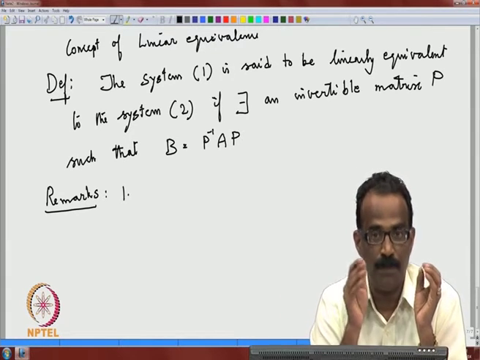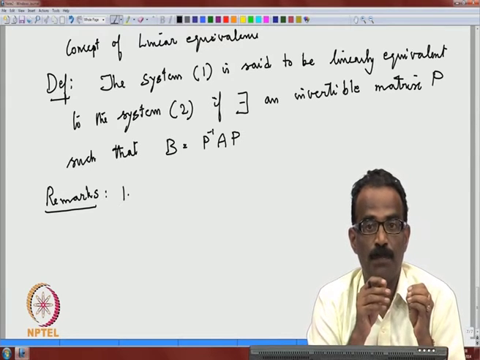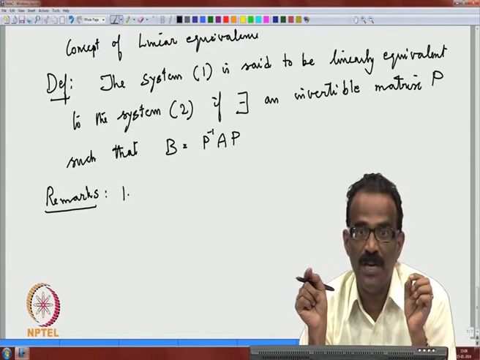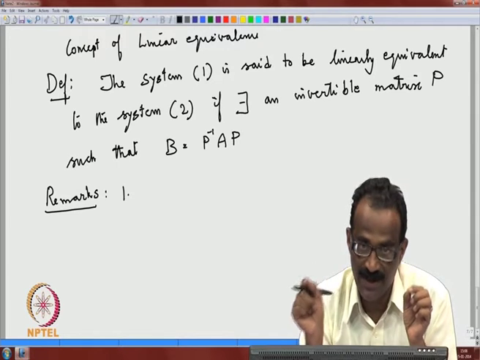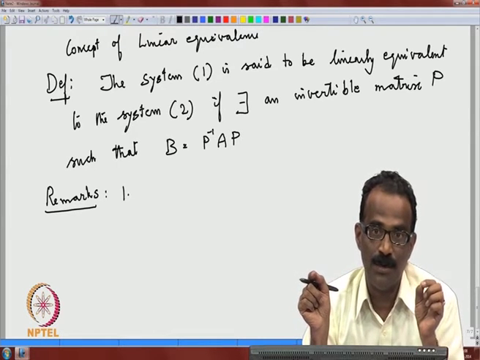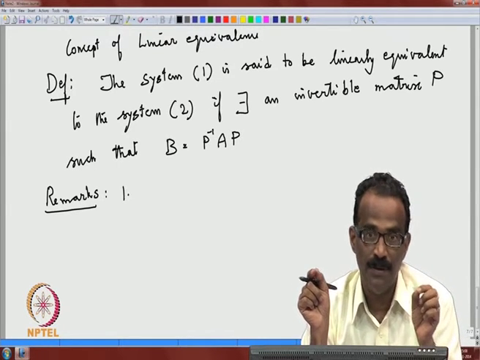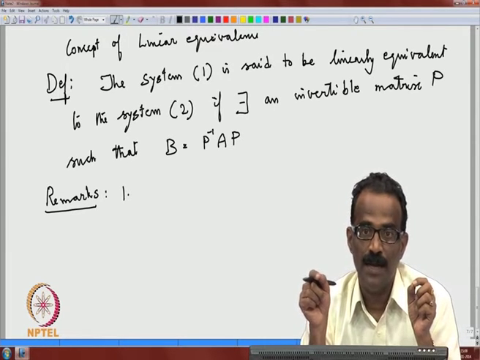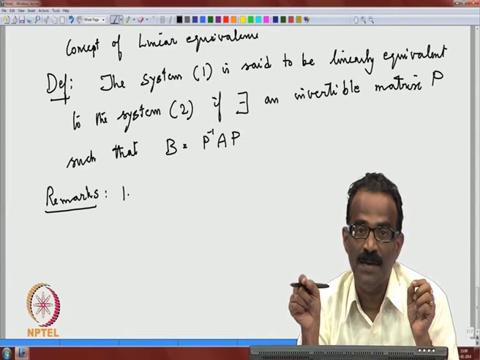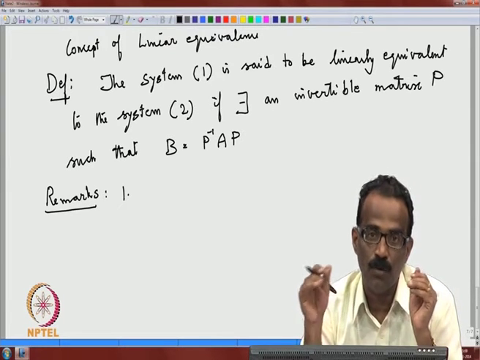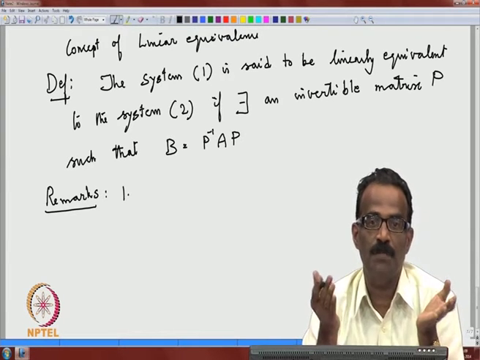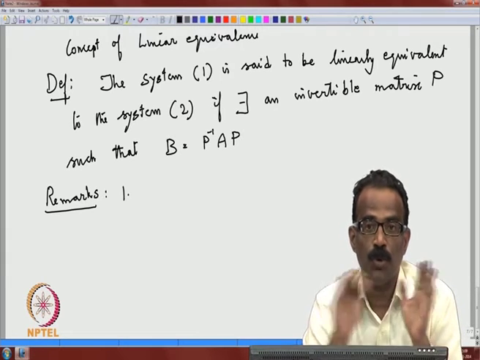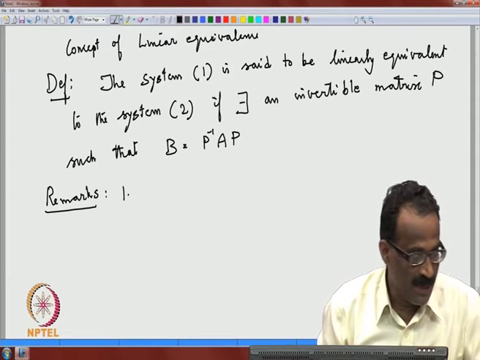For example, if a particular point is an equilibrium point, there will be a corresponding equilibrium point of the other system, and if this equilibrium point is stable, the other point will also be stable, and the nature of the behavior of the trajectories will also remain the same.